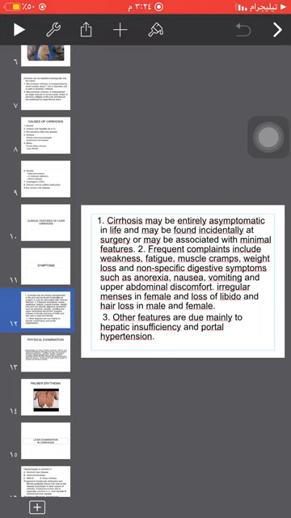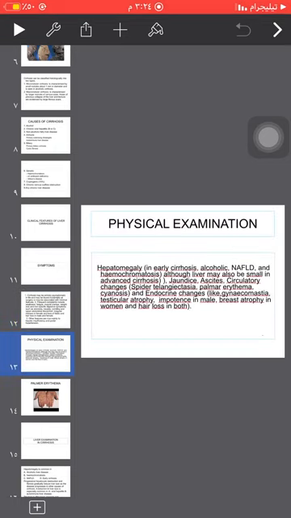Other features are due to the mainly hepatic insufficiency and portal hypertension. يعني اكو features راح نجي ناخذها بسبب portal hypertension، مثلا ascites، مثلا pulmonary erythema او spider nevi.